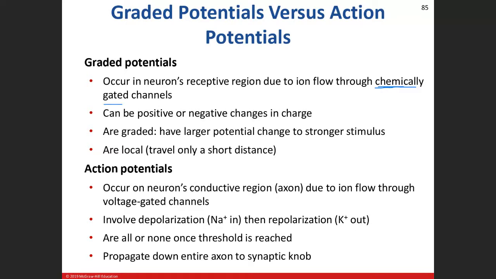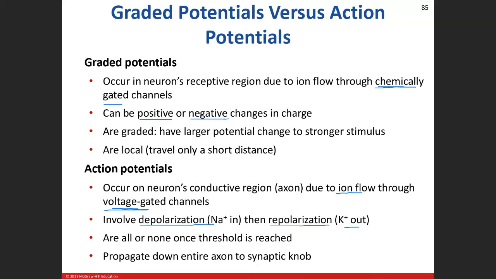Action potentials cause the movement of ions across the plasma membrane because of the opening of voltage-gated channels. Graded potentials can be either positive or negative changes, EPSPs versus IPSPs, whereas action potentials involve first depolarization, sodium coming in, followed by repolarization, potassium leaving.